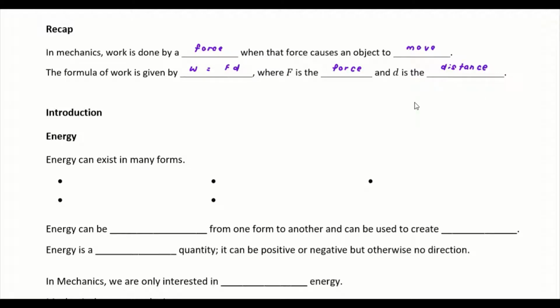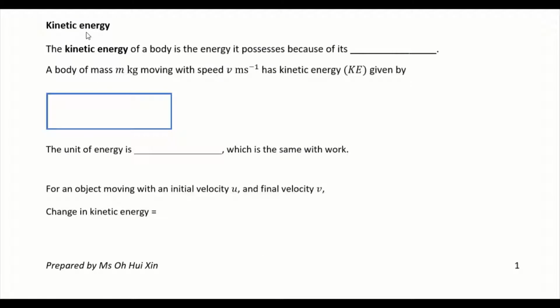For today's lesson, we are going to look at energy. When we look at the words kinetic energy, you should be able to relate to the word kinematics that we always mentioned previously. When we talk about kinetic energy, it's the energy that the object possesses because of its motion.